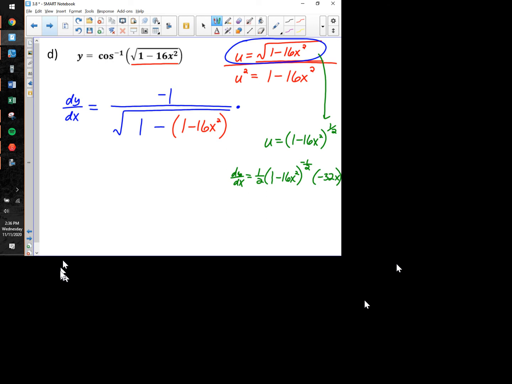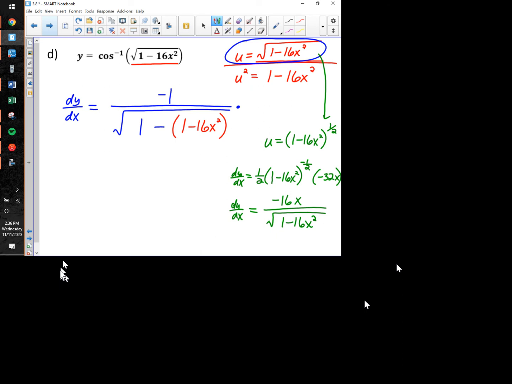All right, so the derivative of u with respect to x could clean up just a little bit here. The 1/2 and the negative 32 make a negative 16. The x tags along, and then the negative 1/2 power gives me a square root of 1 minus 16x squared down on the bottom.